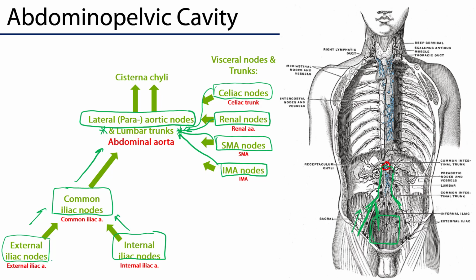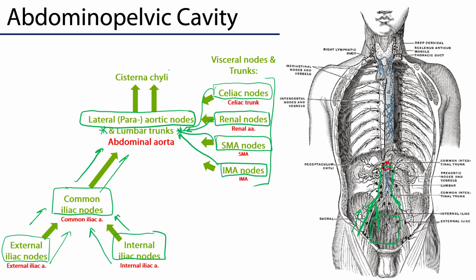So external and internal iliac arteries comprise the common iliac artery. Same with the nodes. The common iliac arteries come together to form the abdominal aorta, which is flanked by the lumbar trunks and lateral aortic nodes. And then all of the visceral regions are serviced by their associatedly named nodes.